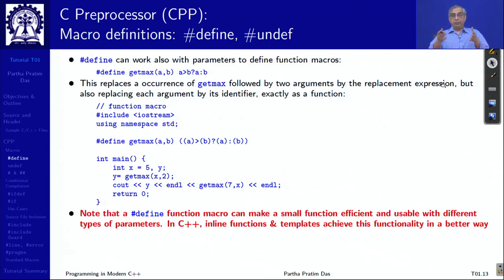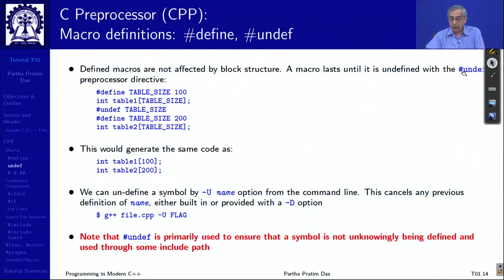Now, you know macro with parameters, there we have discussed in depth. What is important for hash define also is the fact that you can undefine a symbol. I am not sure whether you have seen this before. So, you have defined this and you can undefine it, because once you have defined it, it will always be replaced by that value.